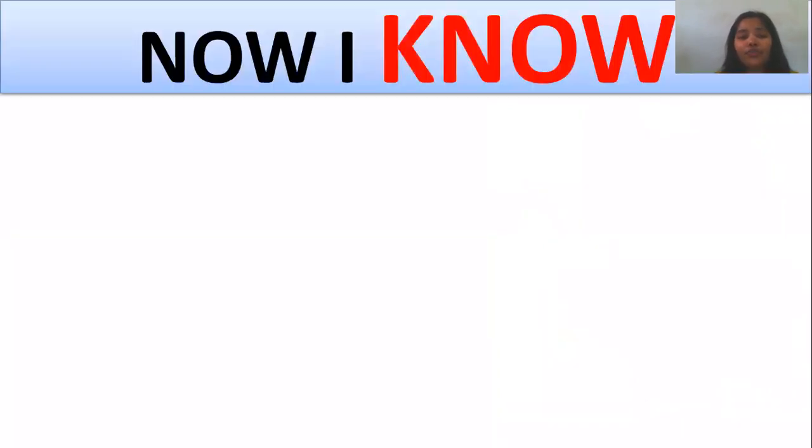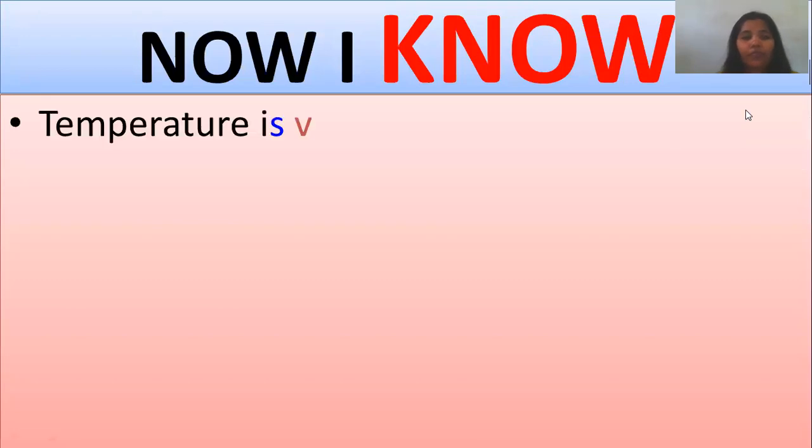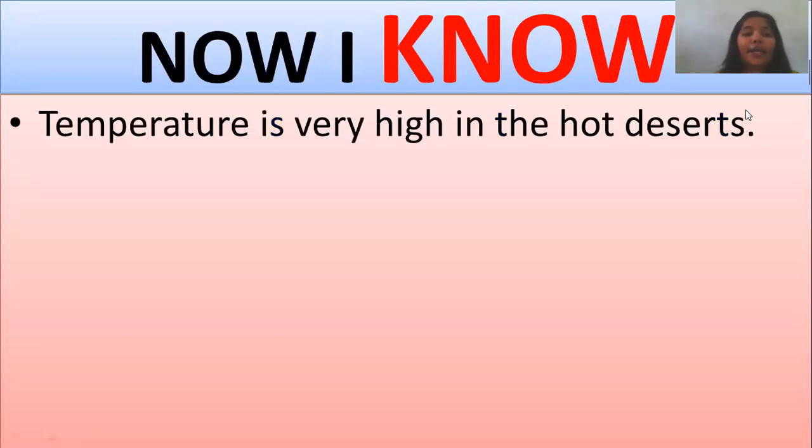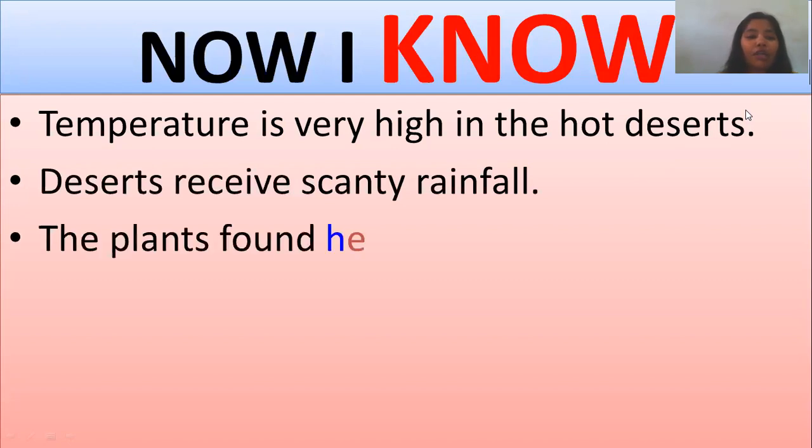It's time to recap the whole video, what we have covered today. We have learned that temperature is very high in the hot deserts. Then we have learned that deserts receive scanty rainfall.